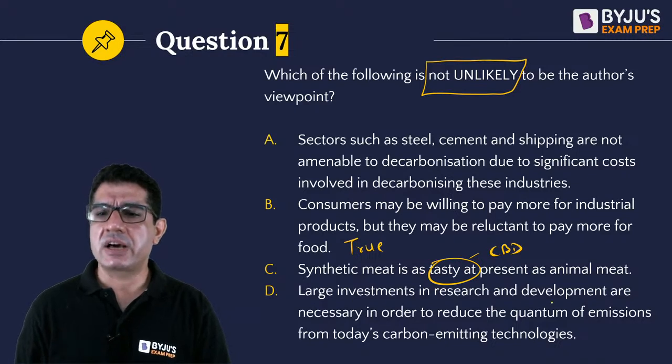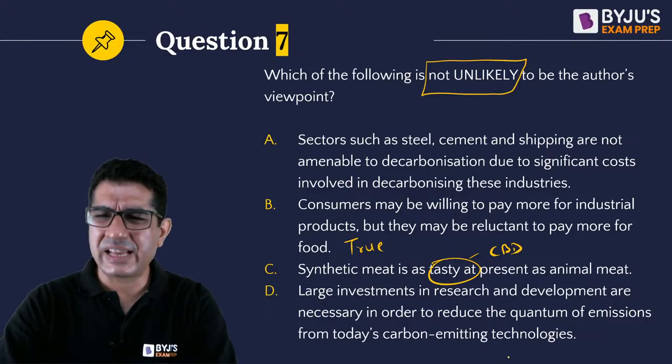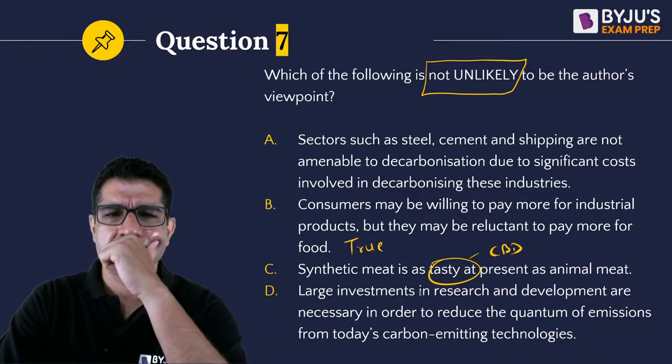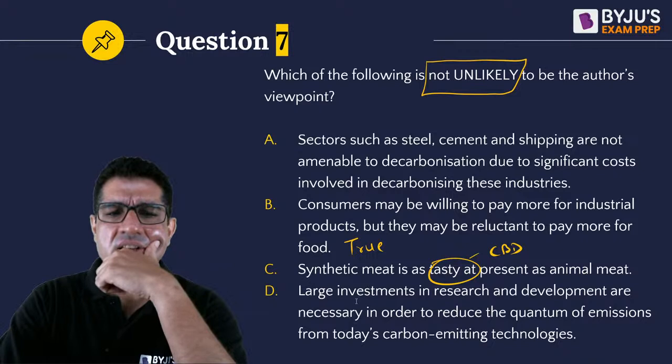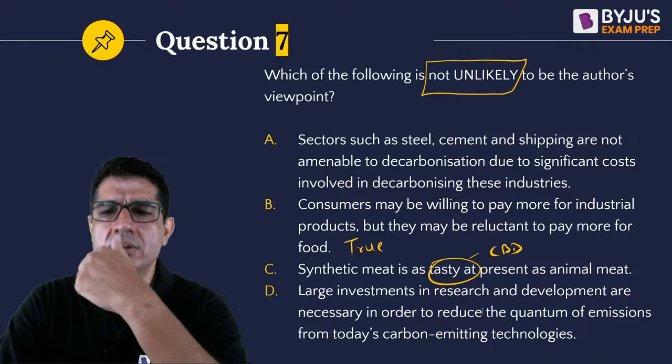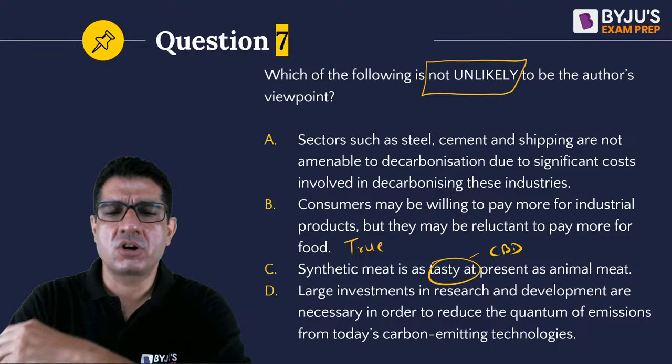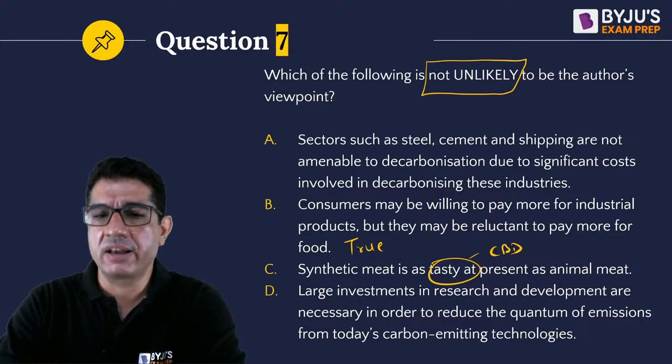Large investments in R&D are necessary in order to reduce the quantum from today's carbon emitting technologies. Necessary. Where will we get that? Anywhere where we say necessary. The author is seeking new technologies with lower emission levels.